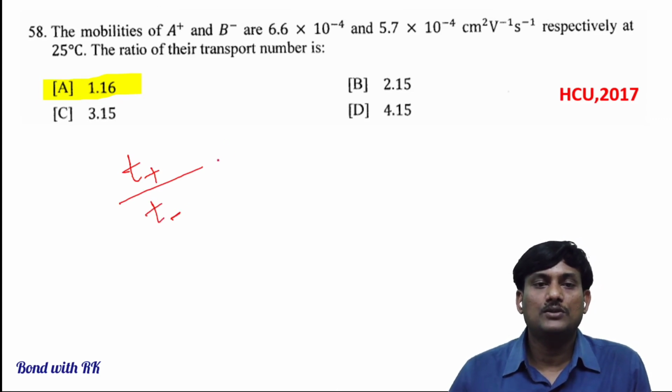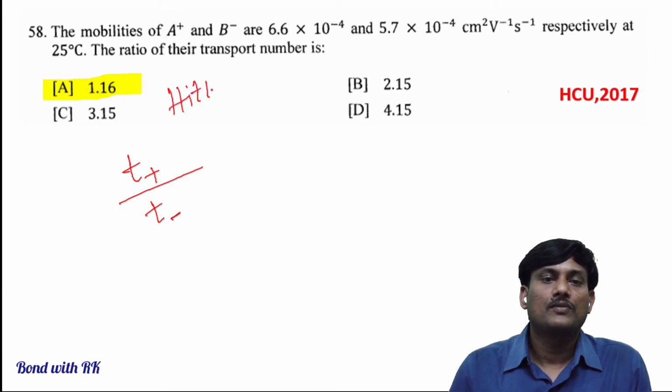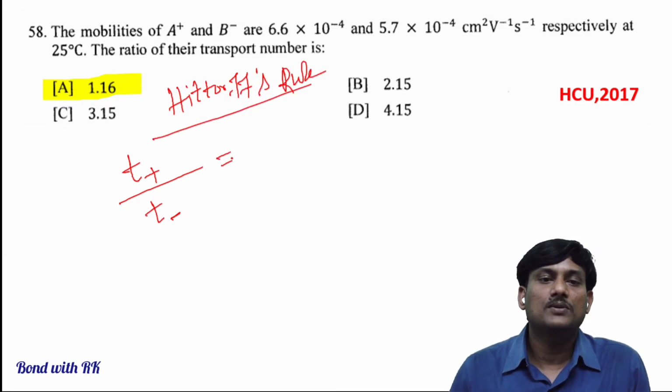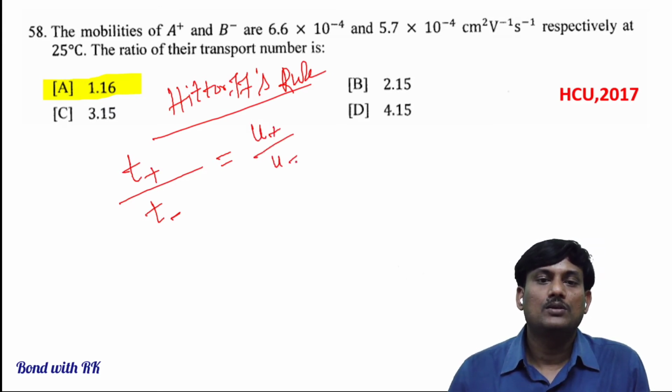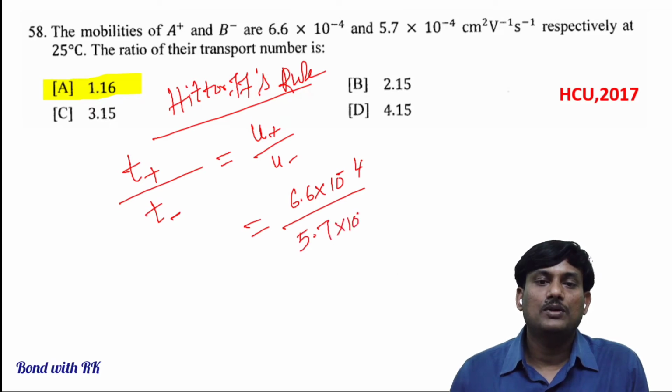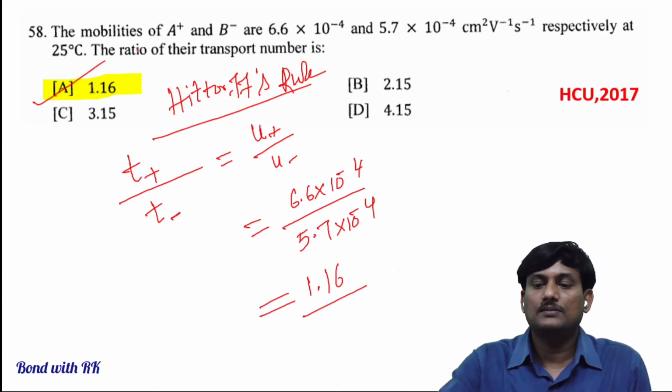If you take the ratio according to Hittorf's rule, the ratio of transport numbers is equal to the ratio of their mobilities, u plus by u minus. Mobilities are given 6.6 into 10 to the power of minus 4 divided by 5.7 into 10 to the power of minus 4. So you will get 1.16. The ratio is 1.16.